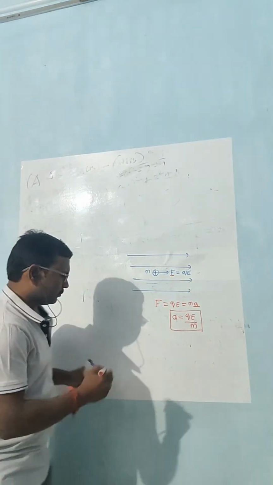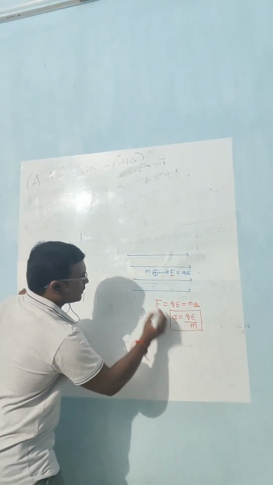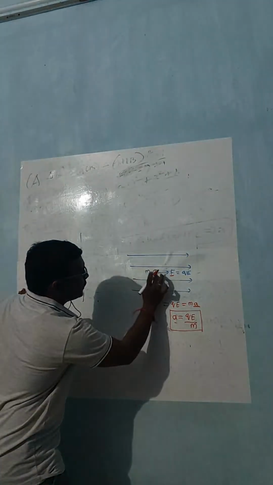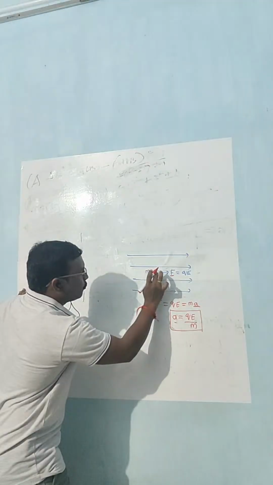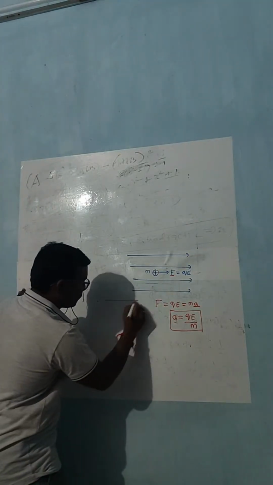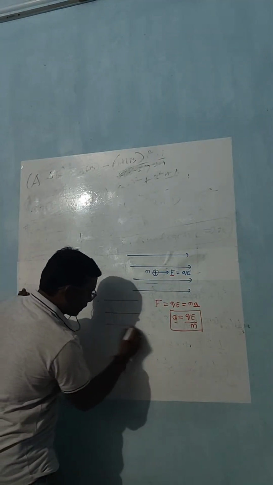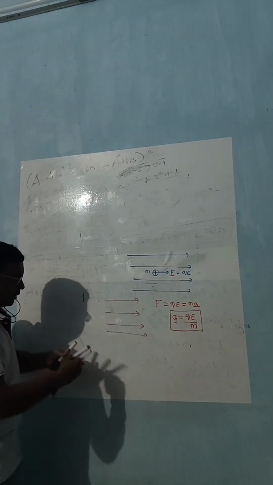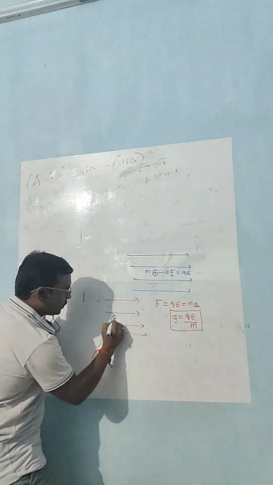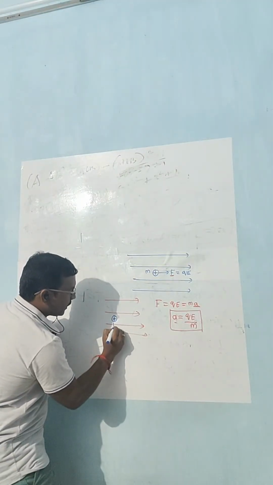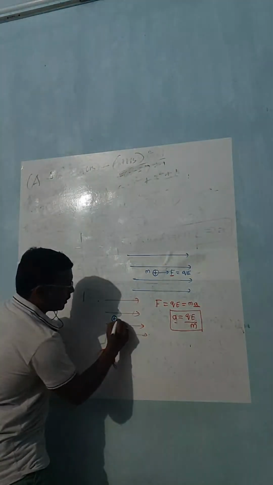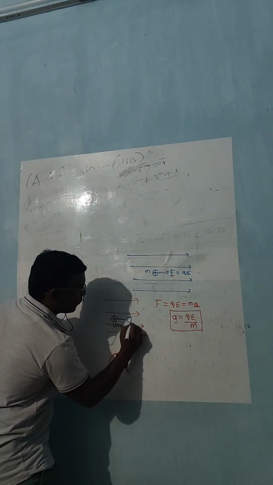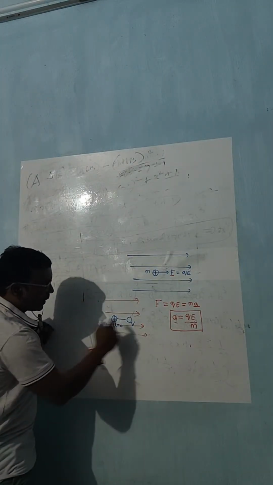Now, it has an acceleration. For example, say this is the electric field and the charge is placed here. Initially the velocity u equals 0, then after time t it becomes v. What is the final velocity?